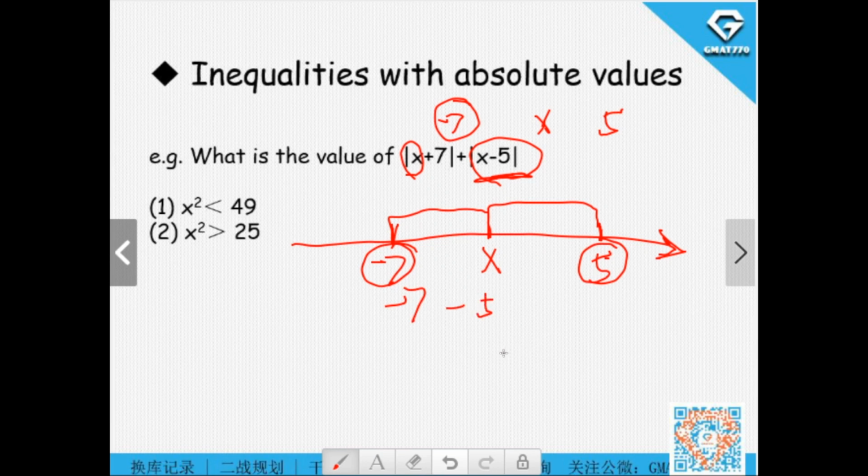So it will equal 12, right? But if x is greater than 5 or x is less than negative 7, the value of x will change the value of this expression.